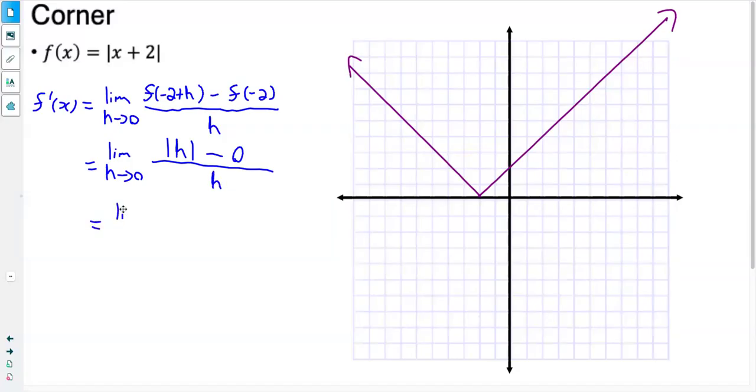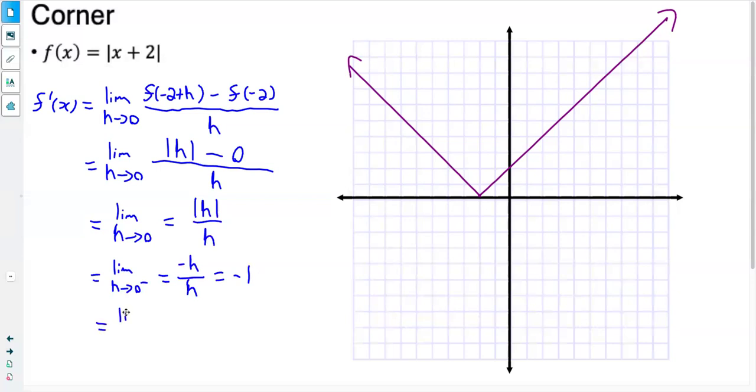So we can see that our limit as h approaches 0 is equal to absolute value of h over h. Now we have to break this into left-hand and right-hand limits. If we look at our limit as h approaches 0 from the negative side, that would make our absolute value of h equal -h over h, which simplifies to -1.